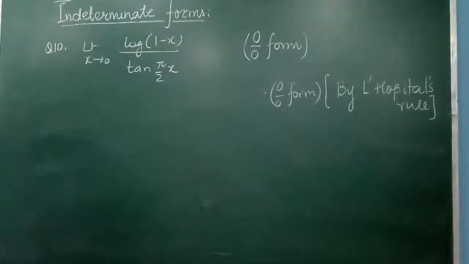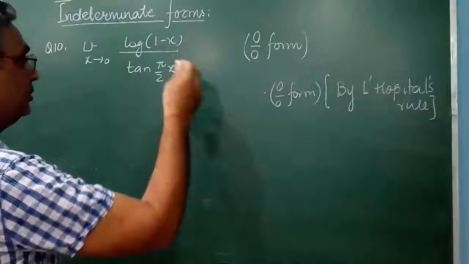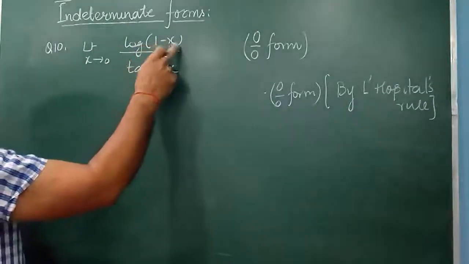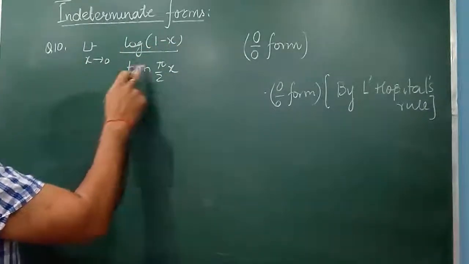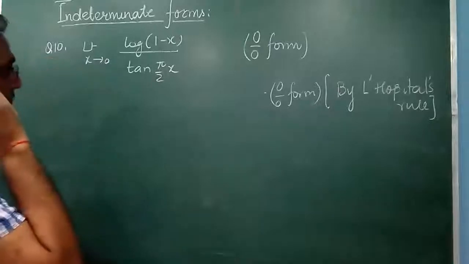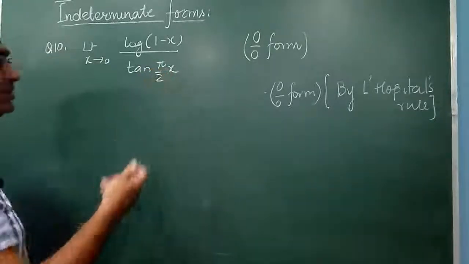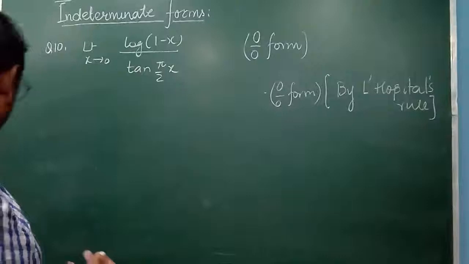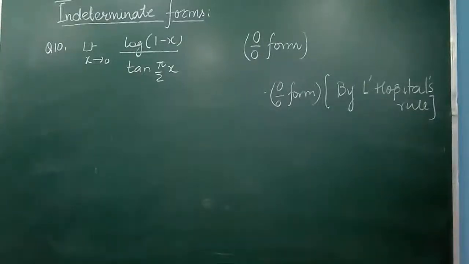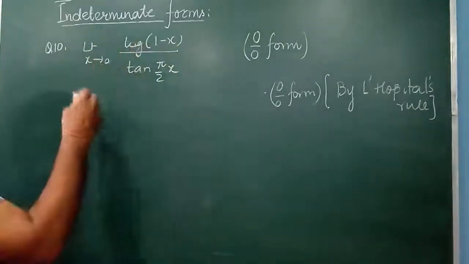This we have to do. Log 1 is 0. So 1 minus 0 is 1, log 1 is 0, and pi by 2 into 0 is 0. So it is given that it is 0 by 0 form.